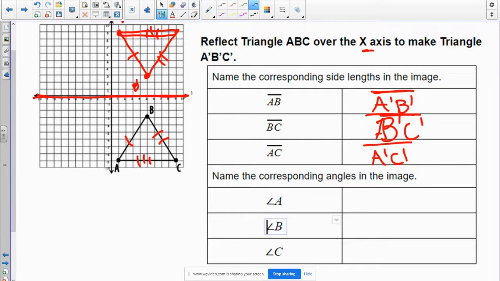And we'll do the same thing with the angles. Angle A here corresponds with angle A prime. Don't forget your symbols. B corresponds with B prime. And notice they keep being the same distance away. It's a good reflection. It's the same distance away. And C here, we'll make with 3, 3 is corresponding with C prime.